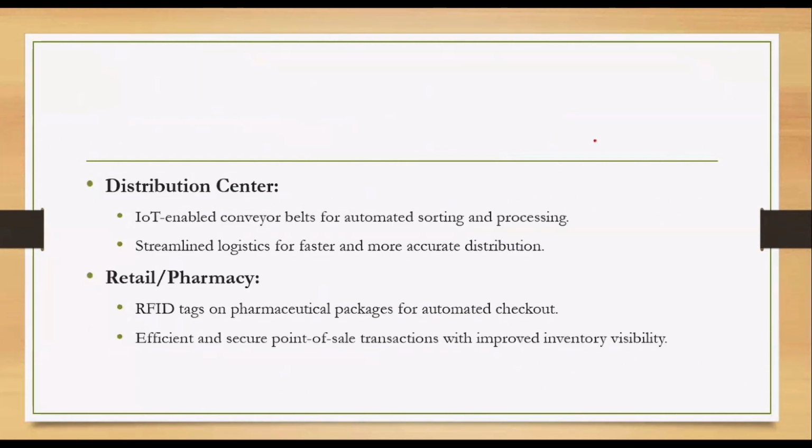Then coming to the distribution center. In the distribution center you also have IoT-enabled conveyor belts for automated sorting and processing. Then you have logistics with faster and more accurate distribution. So where exactly the shipments are, you can track and trace.